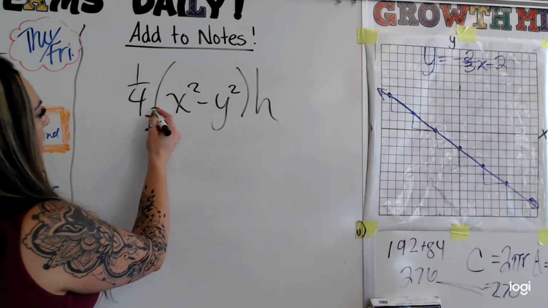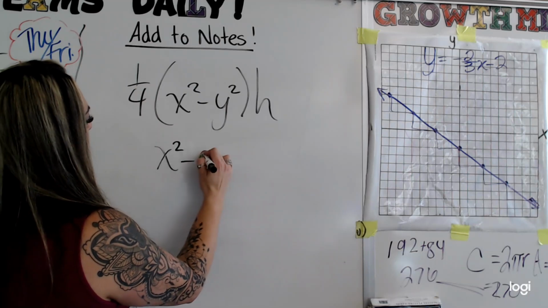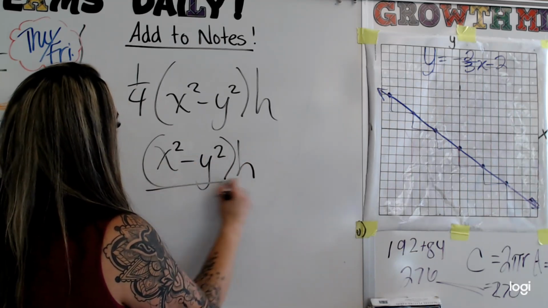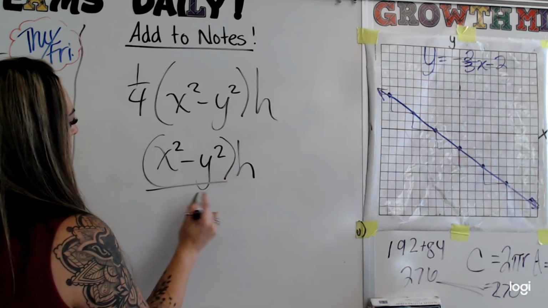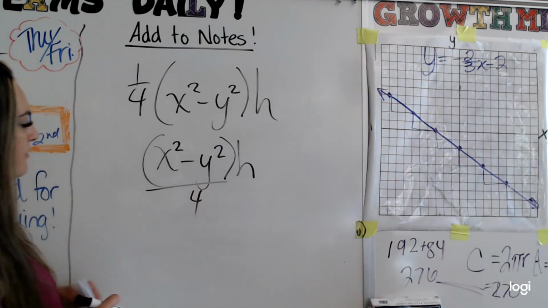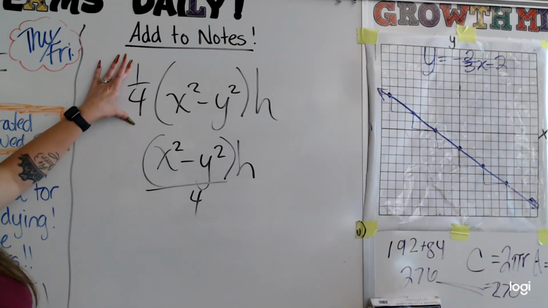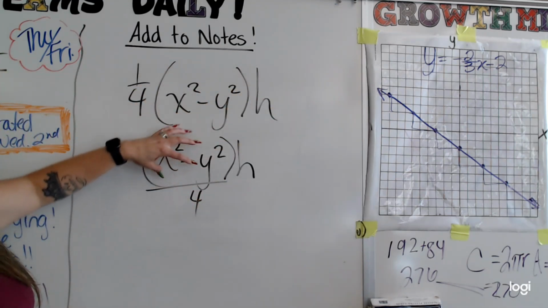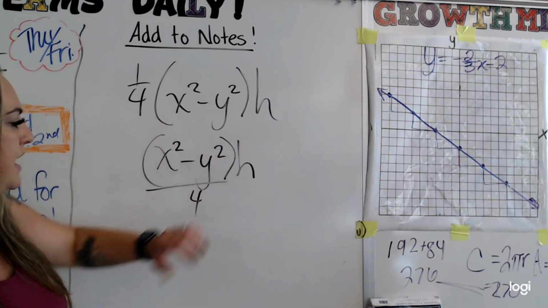So that would be the same as x squared minus y squared times h, and then that part would be divided by 4, right? This part, this is 1/4 of this, and then times h. So it's just this part divided by 4 and then times h.